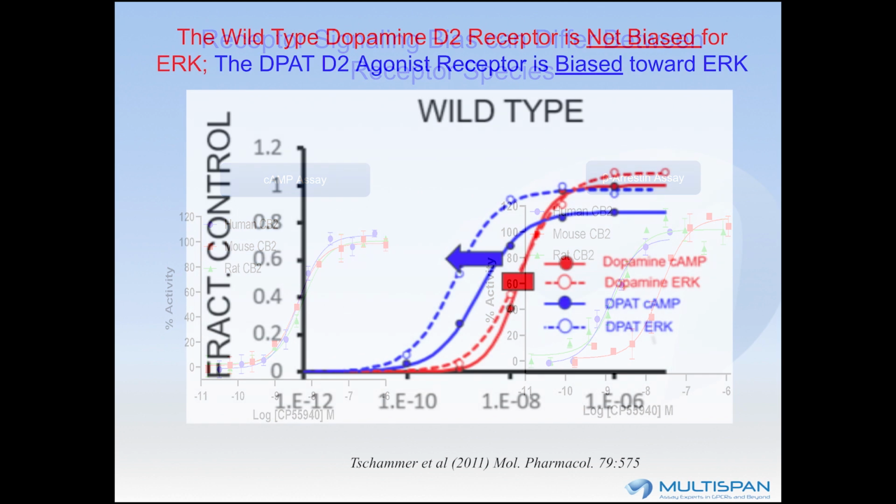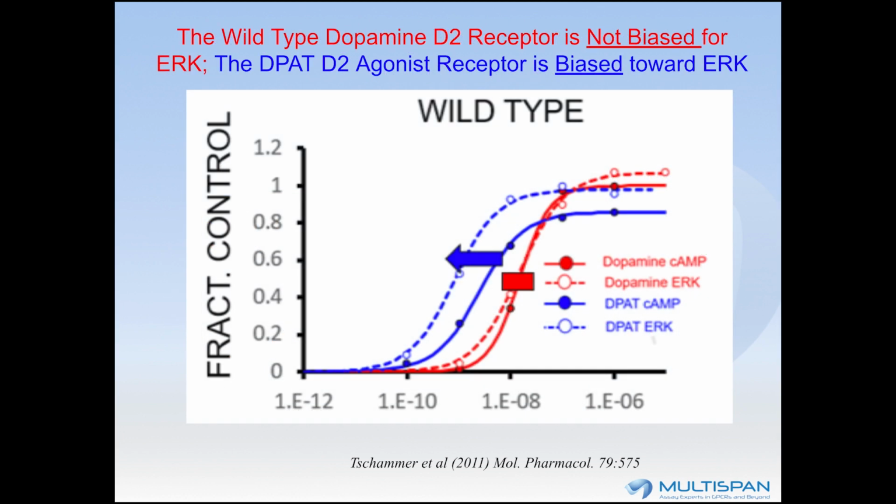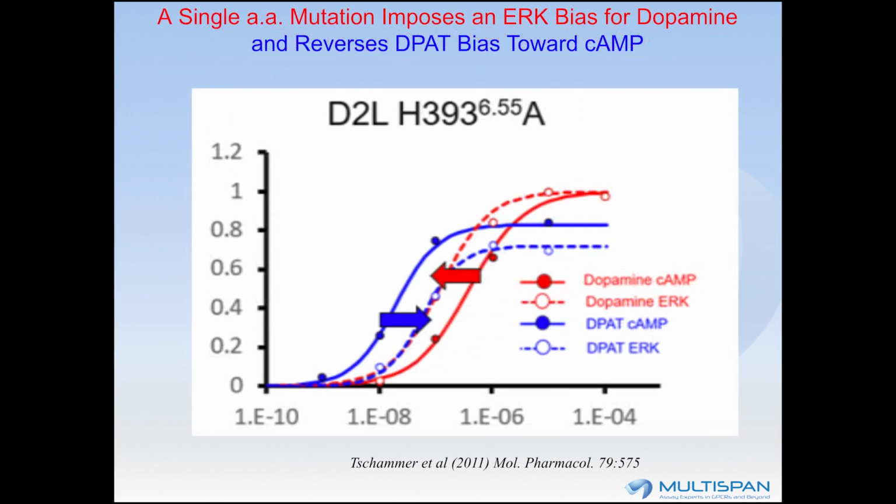The next slide shows another example of this. This is the D2 receptor, and what we see are responses to dopamine and DPAT, and the wild type natural bias for cyclic AMP and ERK. However, again, a single amino acid poses catastrophic effects on this natural bias.